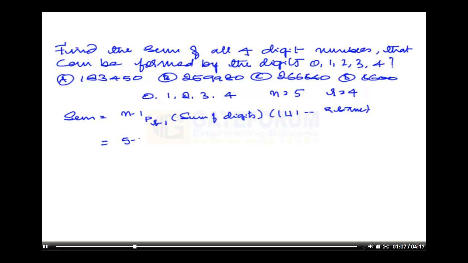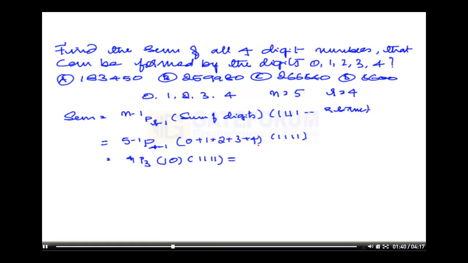5 minus 1 P 4 minus 1, sum of the digits 0 plus 1 plus 2 plus 3 plus 4 into 1111, therefore that is 4P3 into, adding the sum, we get 10 into 1111.